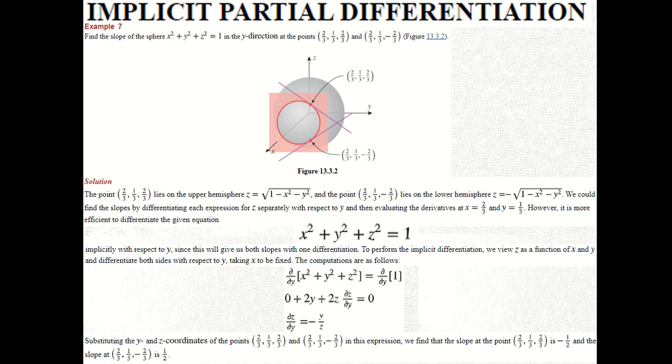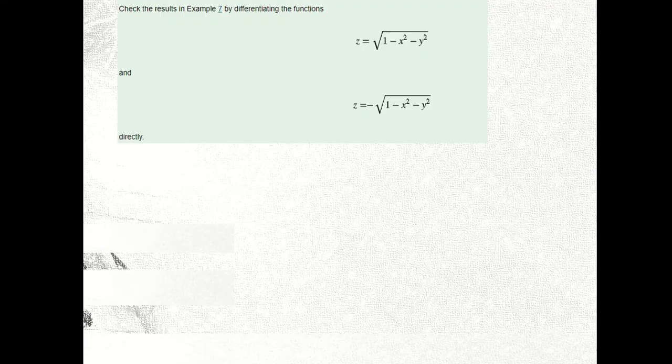But before we go to the next example, we can also try to verify our answer. Instead of differentiating implicitly, you can do it in another way, expressing z as a function of x and y, but this is in radical form, and for sure you will get the same result.